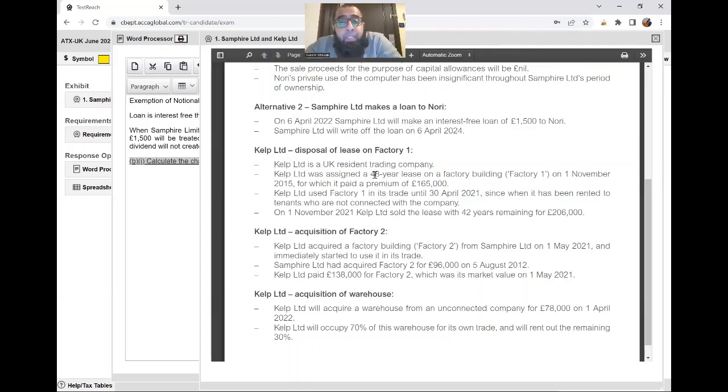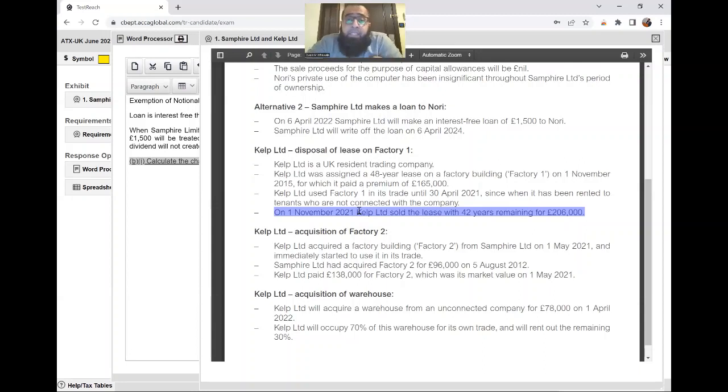Calp Limited was assigned a 48 years lease on a factory building, referred to as Factory 1, on November 15, for which it paid a premium of 165,000. So Calp Limited has purchased a lease for 165,000. Calp Limited used Factory 1 in its trade until 30th April 2021, since when it has been rented to tenants who are not connected with the company. On 1st November 2021, Calp Limited sold the lease with 42 years remaining for 206,000.